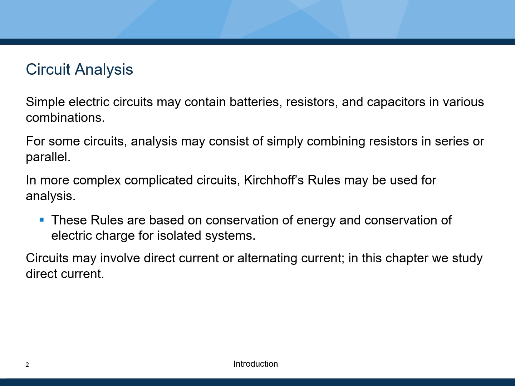It so comes about that we can combine resistors in series and parallel using rules that are quite analogous to the rules that we learned for capacitors. And in many situations, we might find that those rules will serve us well in analyzing the circuit.